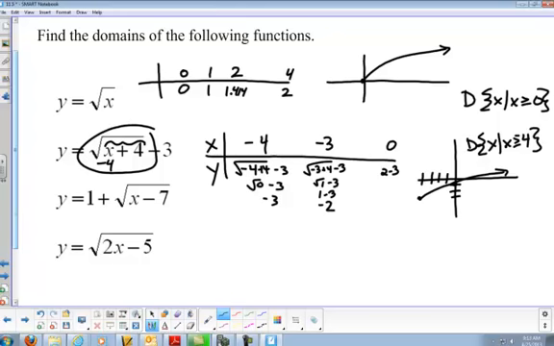Okay, in the next one, what will make that work is what makes this thing, the first thing that makes it 0 is a positive 7. So anything less than a positive 7 is going to make the square root negative, which is an imaginary number, which we're not dealing with yet. So 1 plus 0 would be 1.